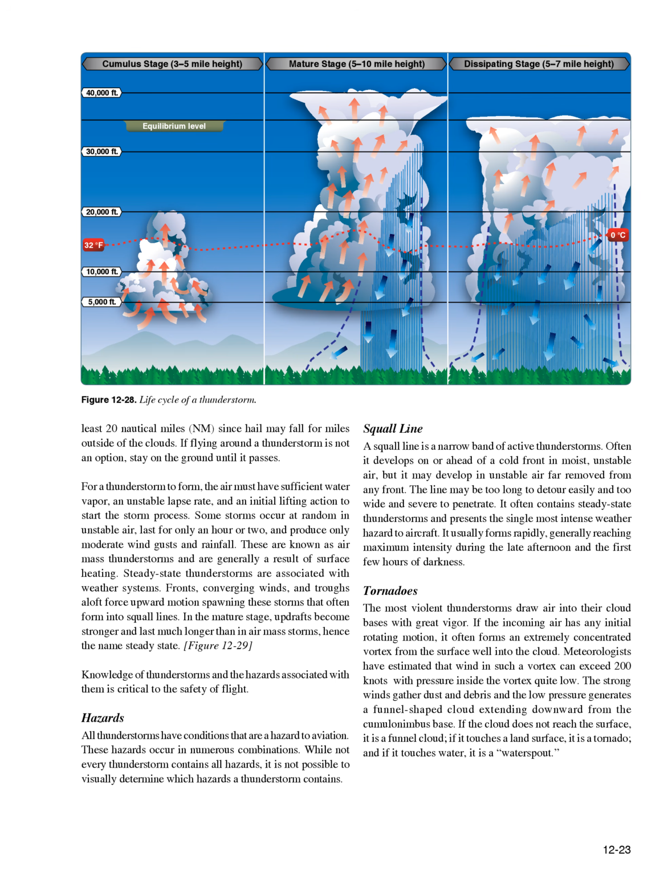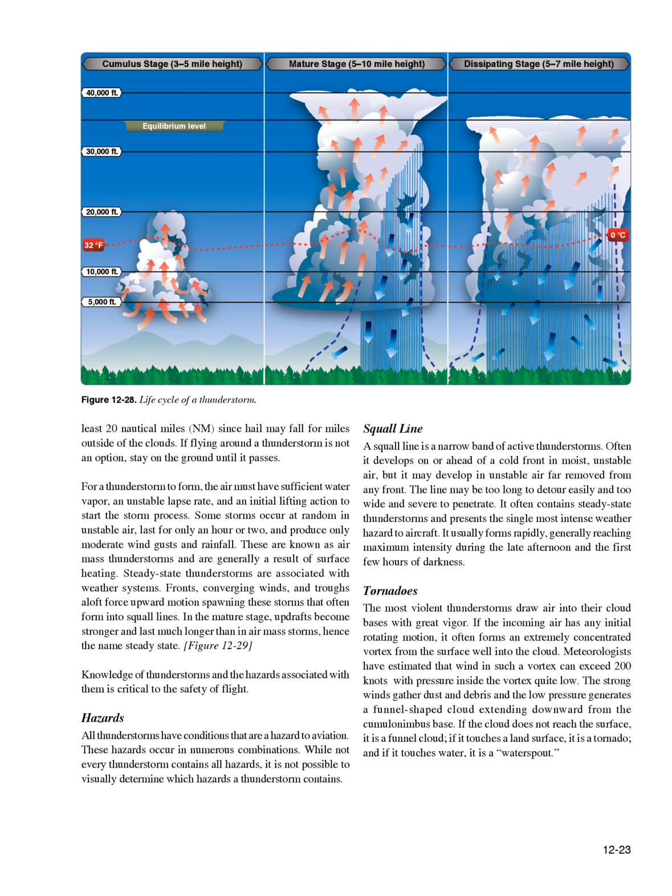For a thunderstorm to form, the air must have sufficient water vapor, an unstable lapse rate, and an initial lifting action to start the storm process. Some storms occur at random in unstable air, last for only an hour or two, and produce only moderate wind gusts and rainfall. These are known as air mass thunderstorms and are generally a result of surface heating.